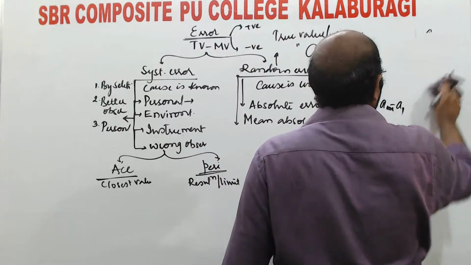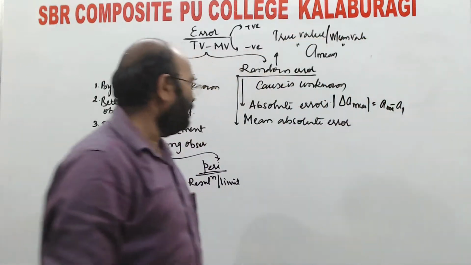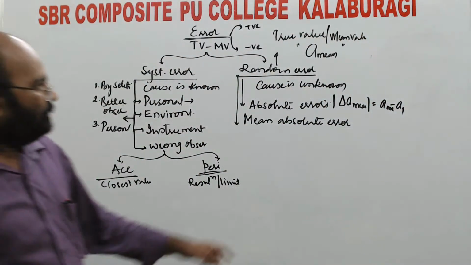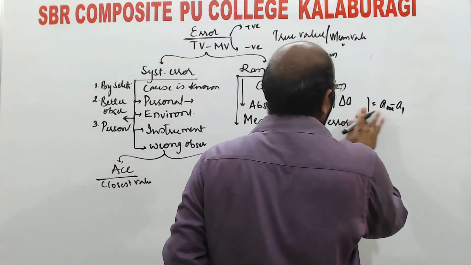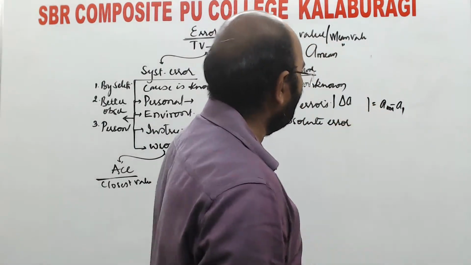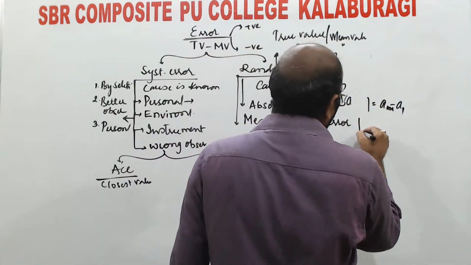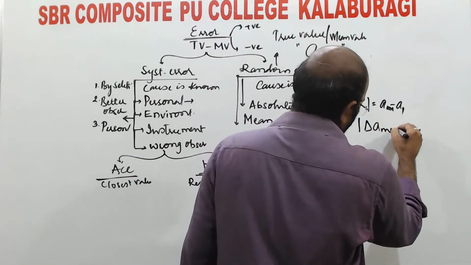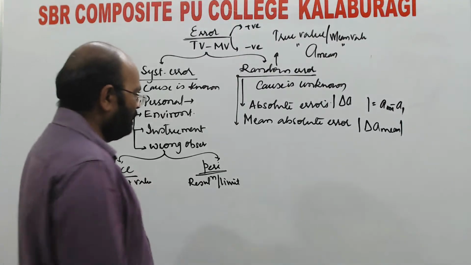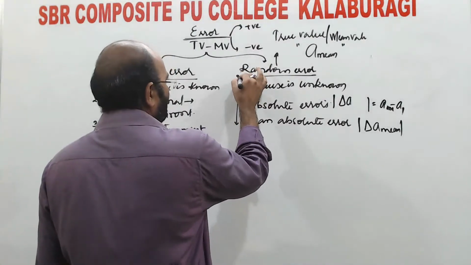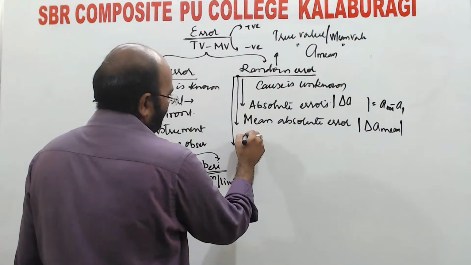Next we have absolute error. This is delta A equals A mean minus A1. Mean absolute error is delta A mean. The next one after this is relative error.